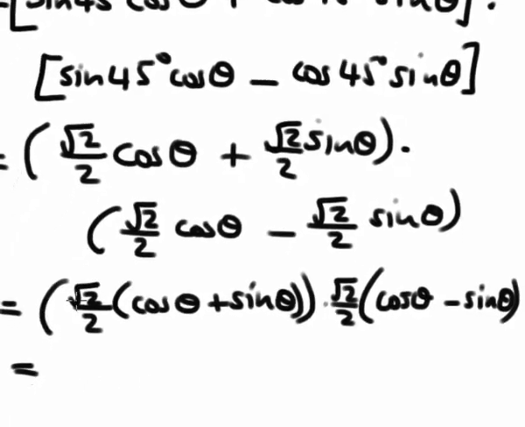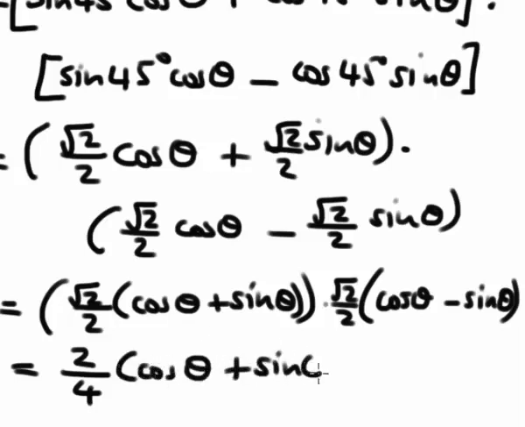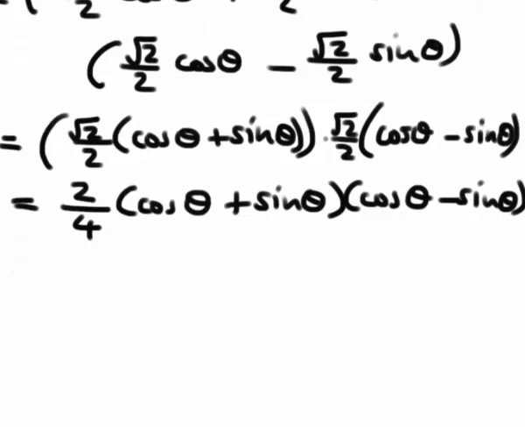If we combine that, a root 2 and a root 2 is 2, 2 times 2 is 4, and we're left with cos plus sine times cos minus sine. So 2 over 4, that's the same as a half. Great, that's almost what you wanted. And then this is a difference of 2 squares, so cos times cos is cos squared.